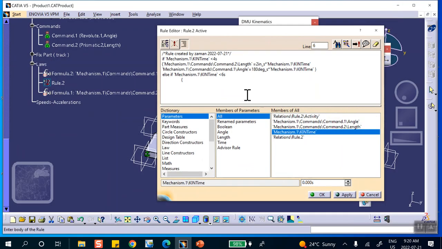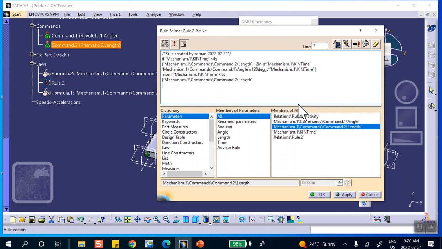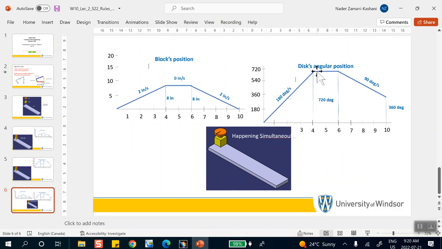So let's write it. Braces. That position is equal to 8 inches. Next line, and the angle of the propeller is 720.